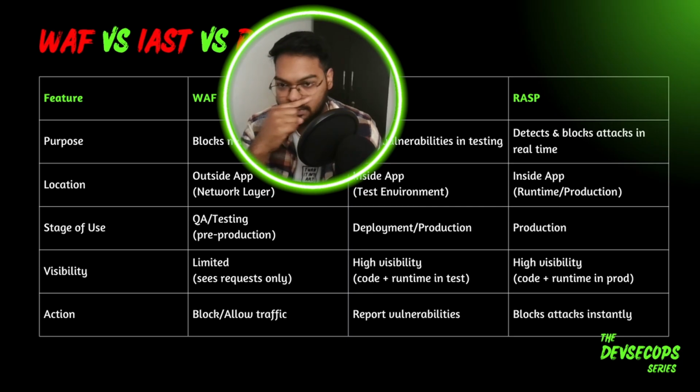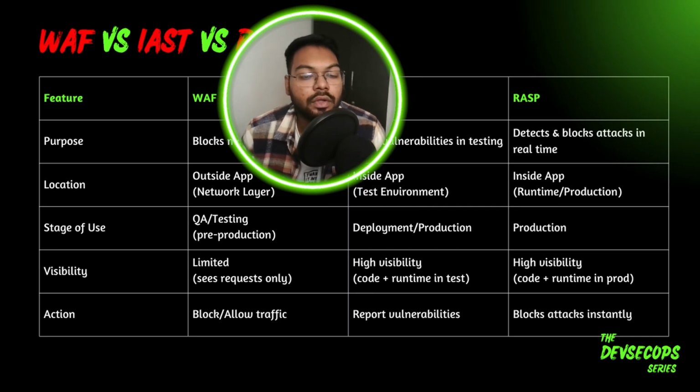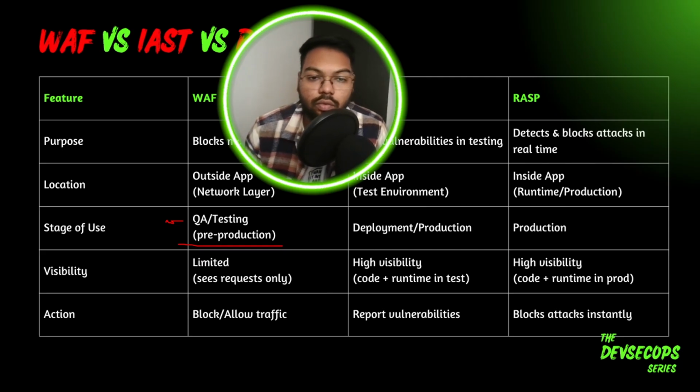Then at what stage you can use which solution. So here WAF you can use on QA environments, pre-production environments, and also production environments, because you would require WAF majorly over there to block the malicious requests. Then deployment in production for IAST, you can have them there both.